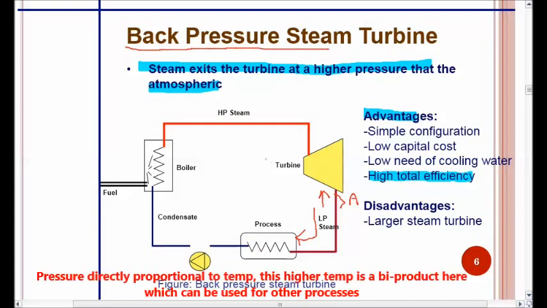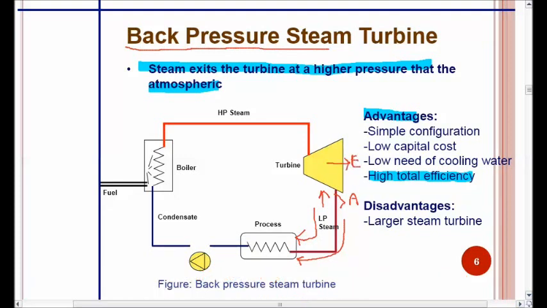Here the energy doesn't get wasted by simply condensing, but the pressure is still extracted for some other purpose, plus the turbine's mechanical energy can also be converted into electrical energy. The disadvantage is that a larger steam turbine is required. So the back pressure turbine can also be called a cogeneration type steam turbine, where electrical energy plus the energy extracted from the turbine exhaust can be used for the process and the efficiency can be increased.